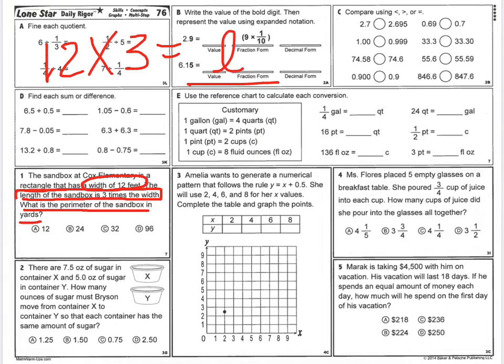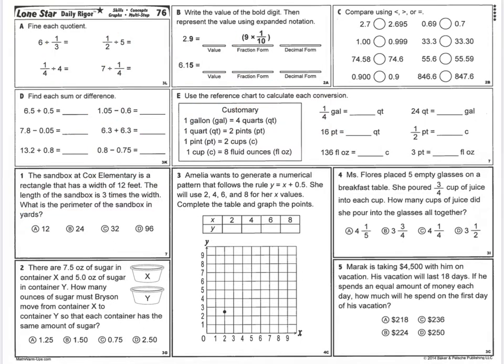And then you're going to add 12 plus the length plus 12 plus the length. Okay, there's another way to solve that. Guys, I want you to private message me how you solved the problem. Okay, private message me how you solved it.